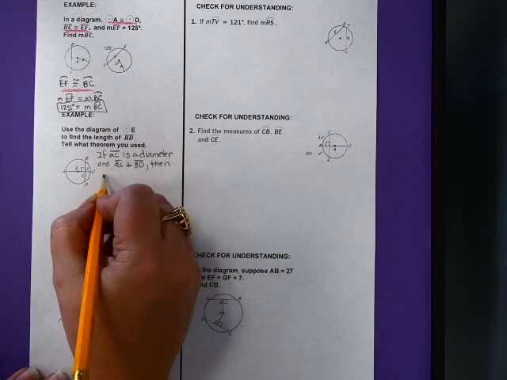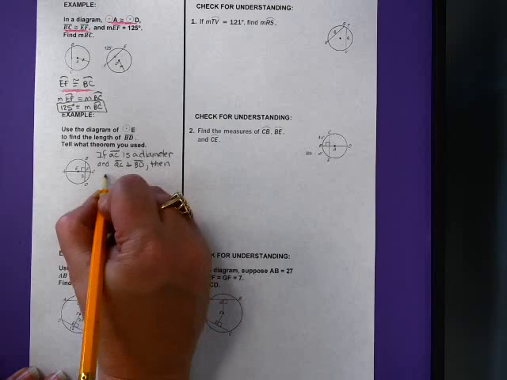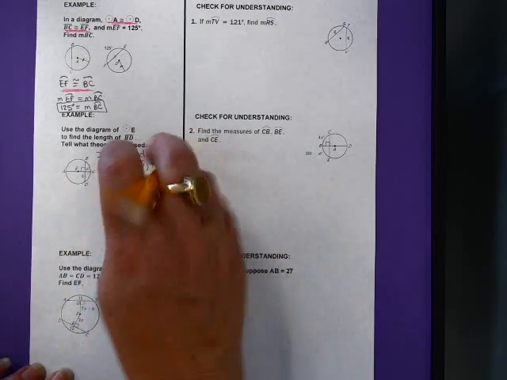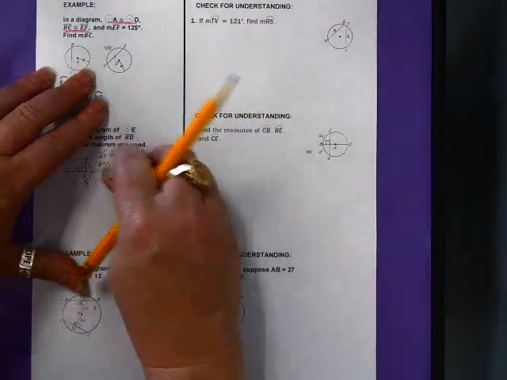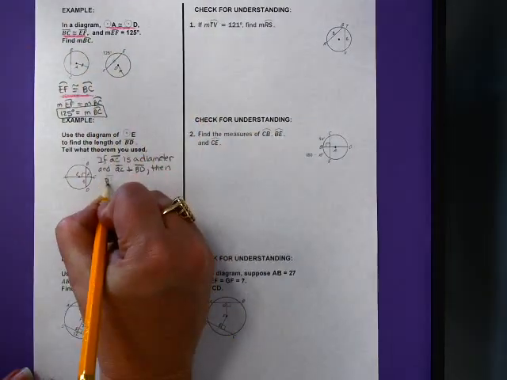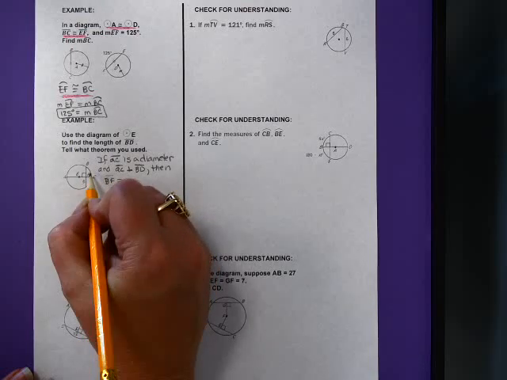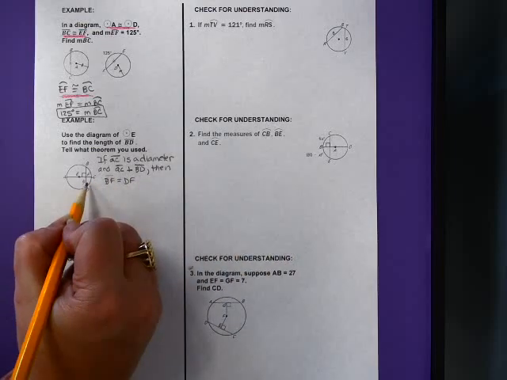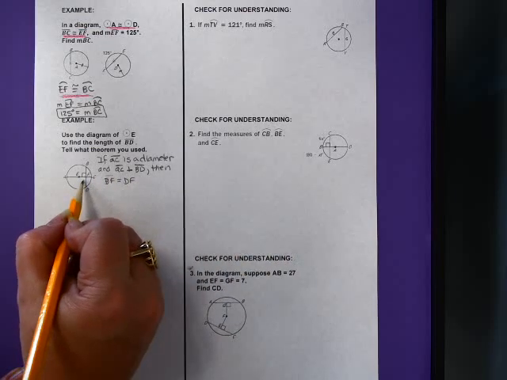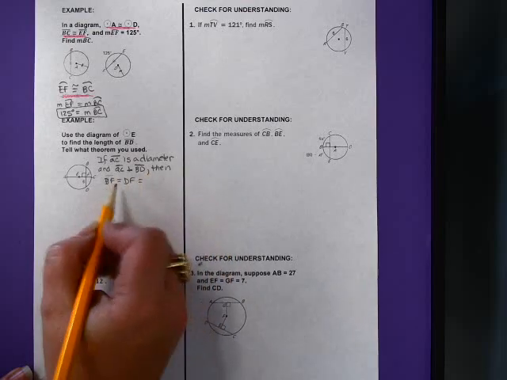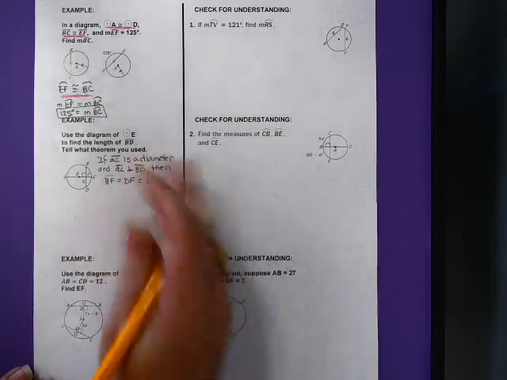then we know that BF, sorry, not that. No, don't put segment notation. We know that BF is equal to DF. Alright, so here we know that DF happens to be 6. So we know that both of these have to be 6.